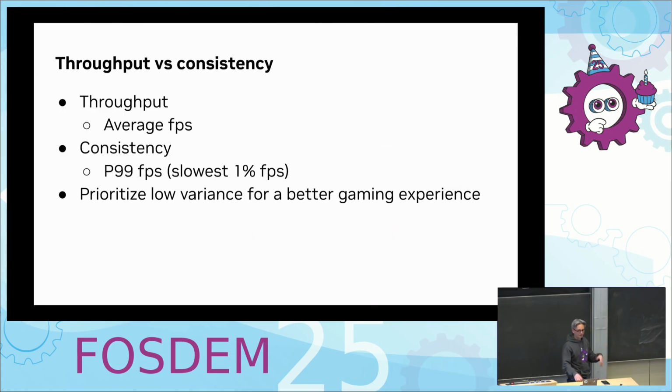The average FPS gives you a measure of throughput, how much power you can push when you're playing a game, and the P99 FPS gives you a better measure of consistency. They're both important. If you have to pick between the two, usually it's much better to prioritize consistency.